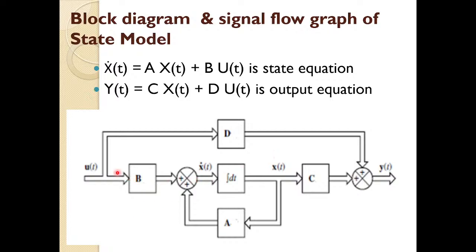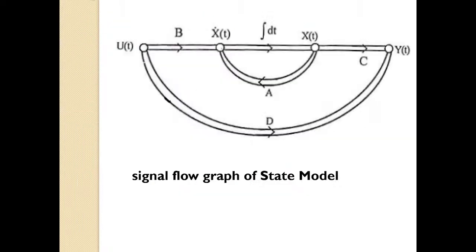So from this, put a dot here, put a dot here at this summing point, put a dot here, and just give signals. Connect those dots, and write the gain values above the connections. If you write the gain values above the connections, you will get the signal flow graph. Just see here.